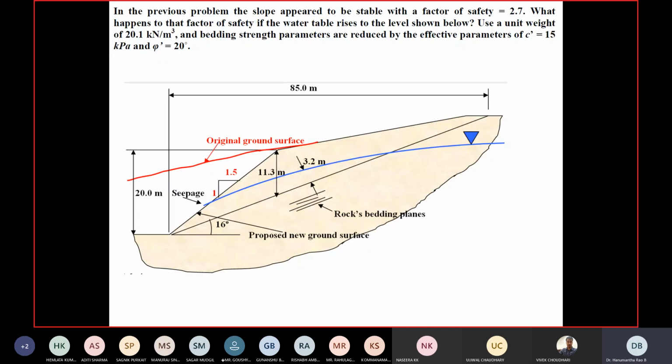So sigma dash can be written as sigma minus U. In the previous sum, you have already calculated the total stress component, and simply try to remove the pore pressure component, that is minus U. So the only big question is how to calculate the U.